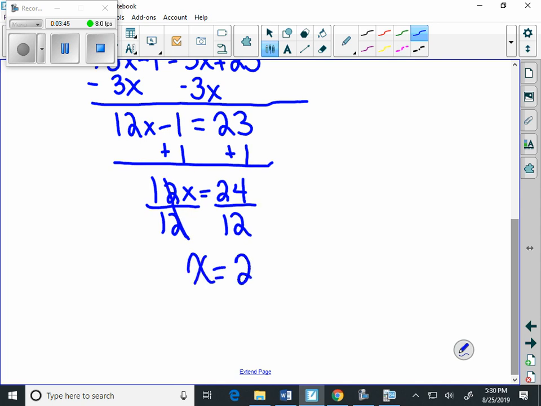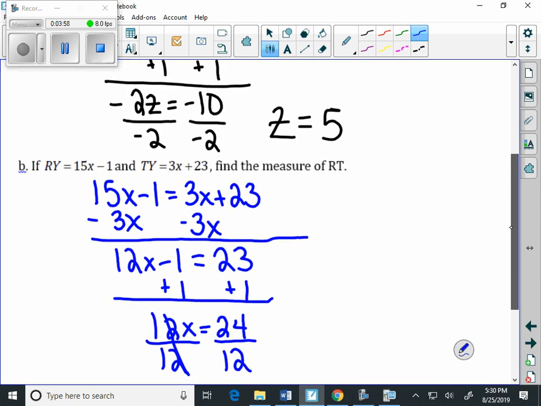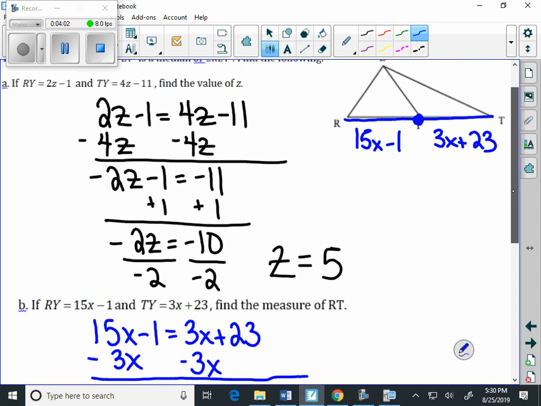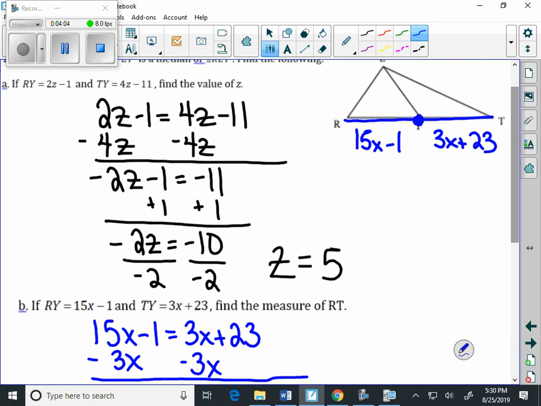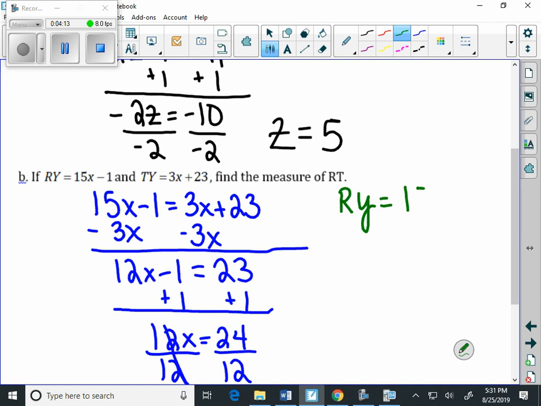So x equals 2. But in this particular problem here, part B, it doesn't say figure out what x is, although we need to know what x is to solve this problem. We want to figure out what RT equals. And the nice thing is if we figure out what RY equals, well, RY equals 15x minus 1.